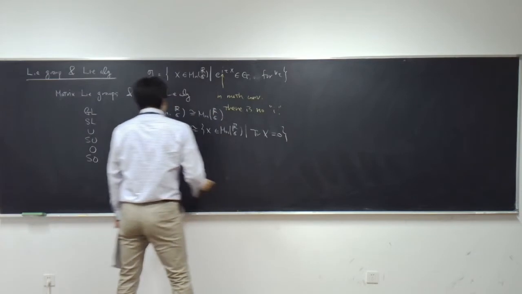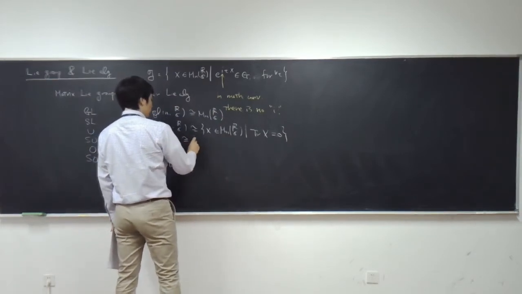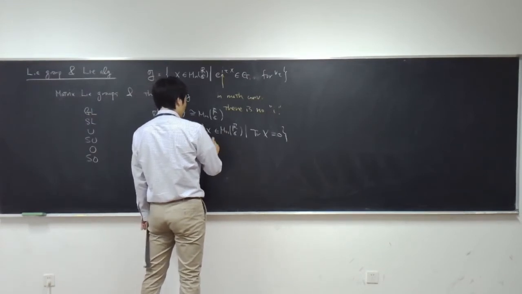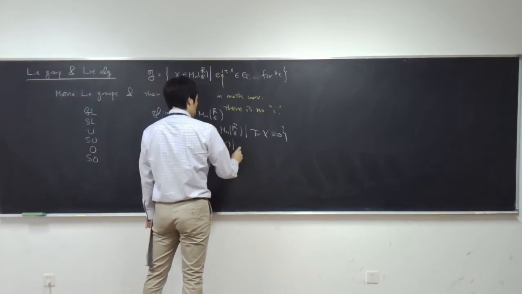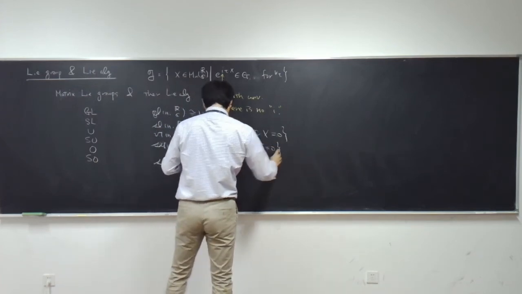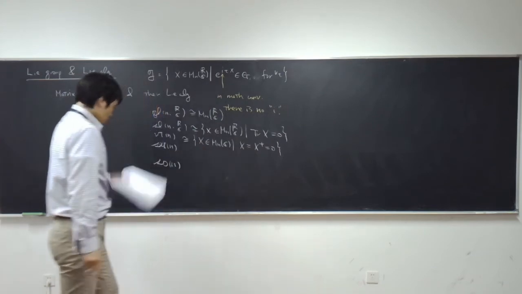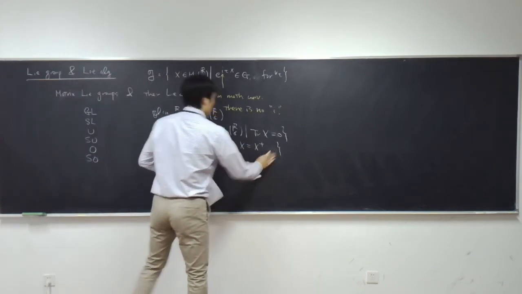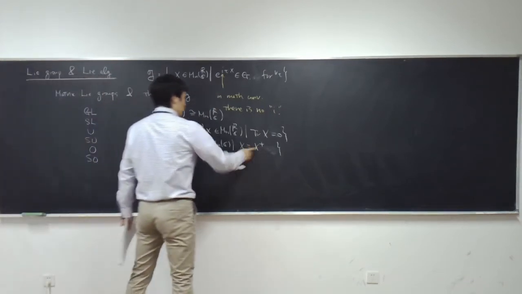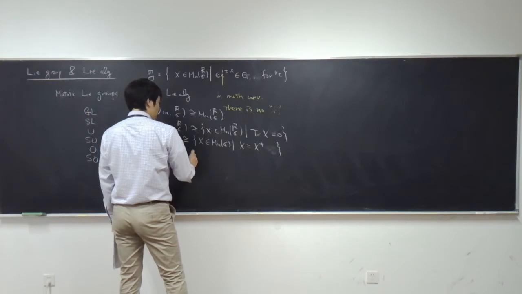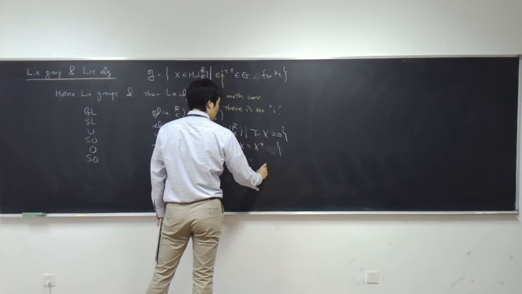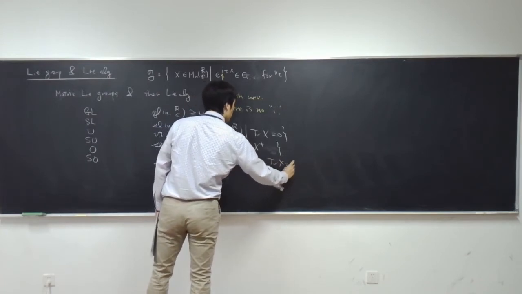For U(n), X is an element of M_n(C) such that X dagger equals minus X, and for SU(n) you impose the same thing plus trace of X equal to 0.